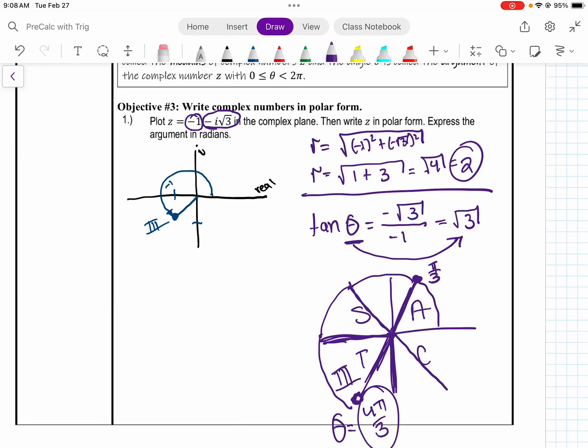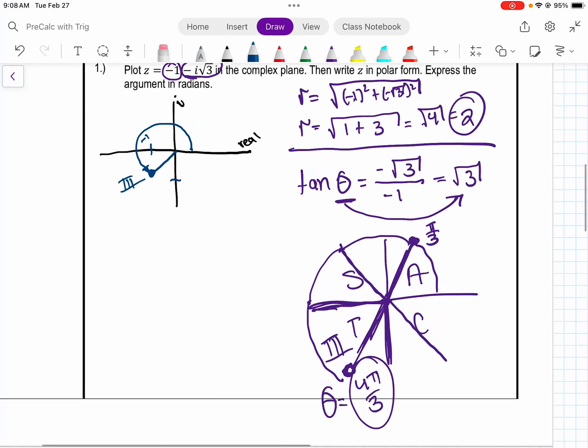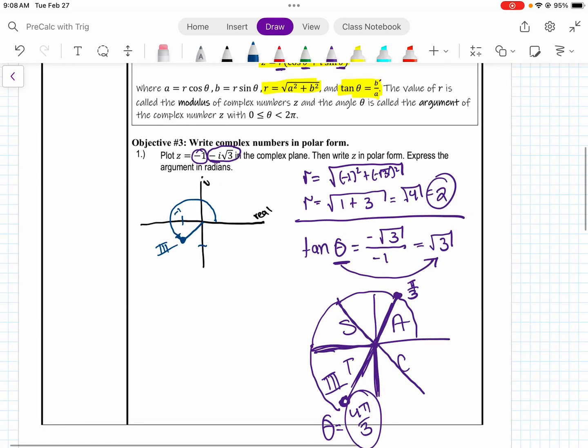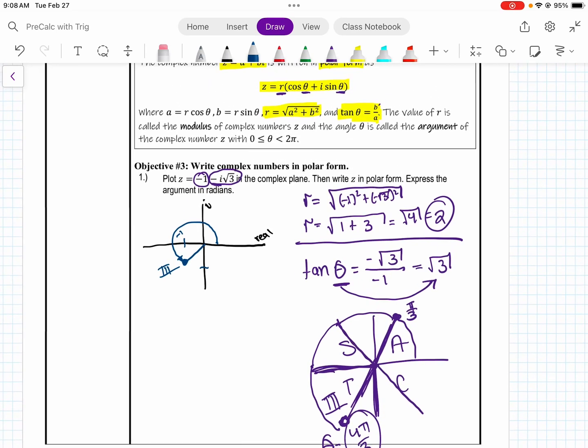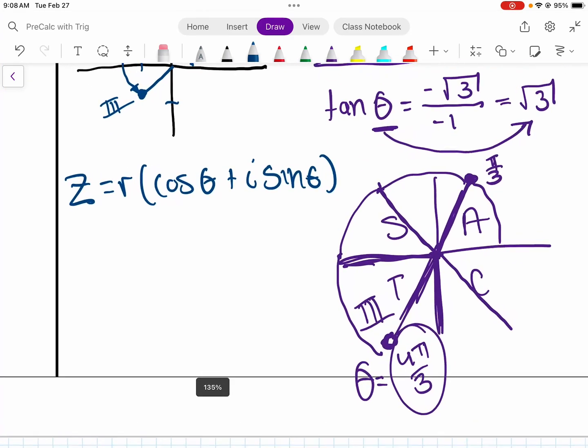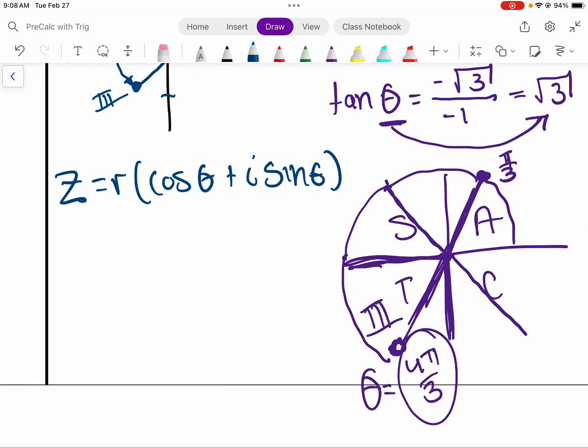Once you have all of that information, I'm going to make a quick pause here, just in case you're writing or trying to comprehend what we just did. But once that's done, you can go ahead and bring the equation down. So z equals r times cosine of theta plus i sine of theta. At that point, all you really need to do is plug in the values that you just found.